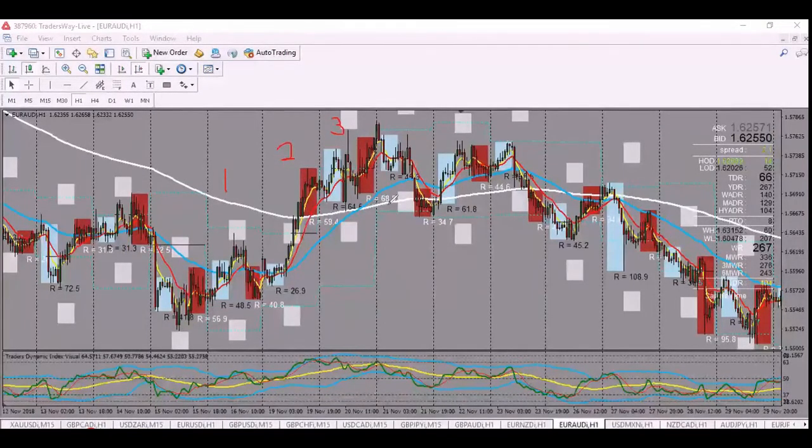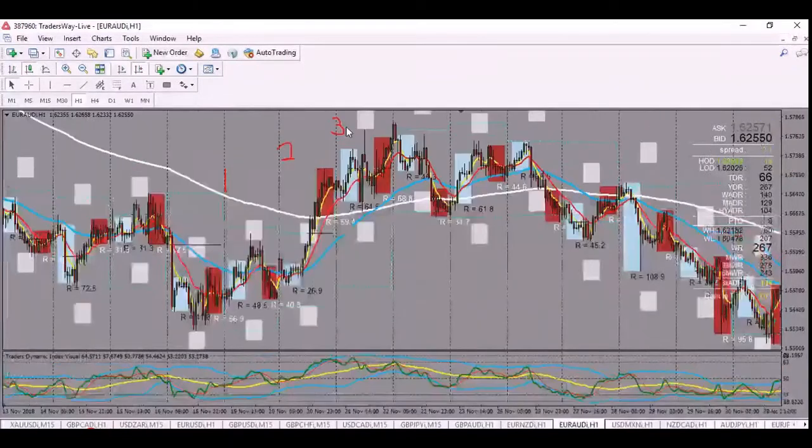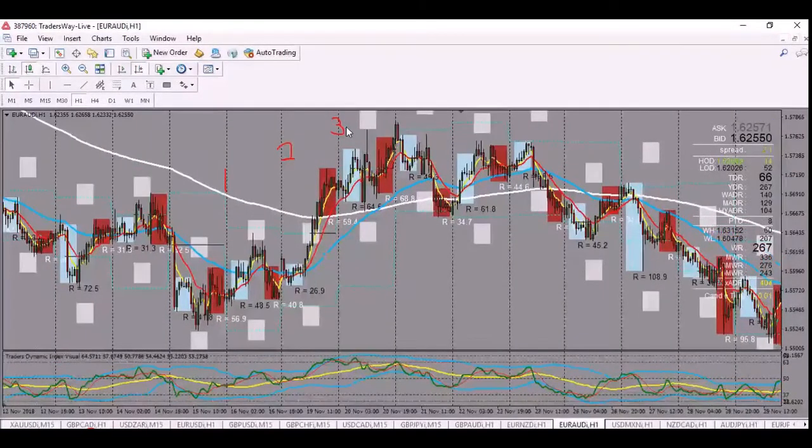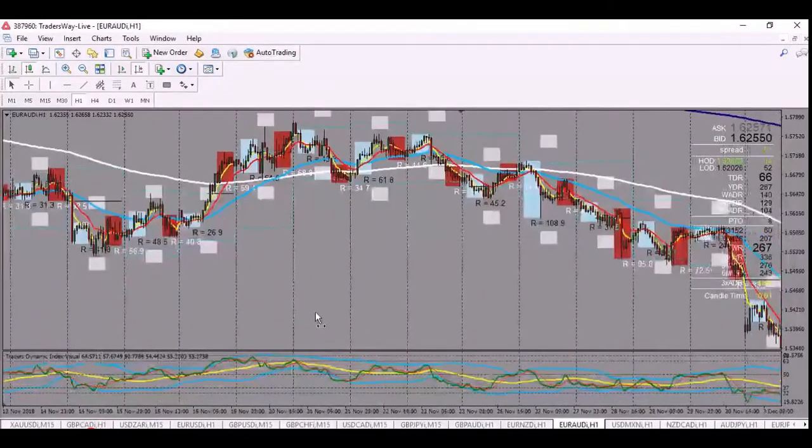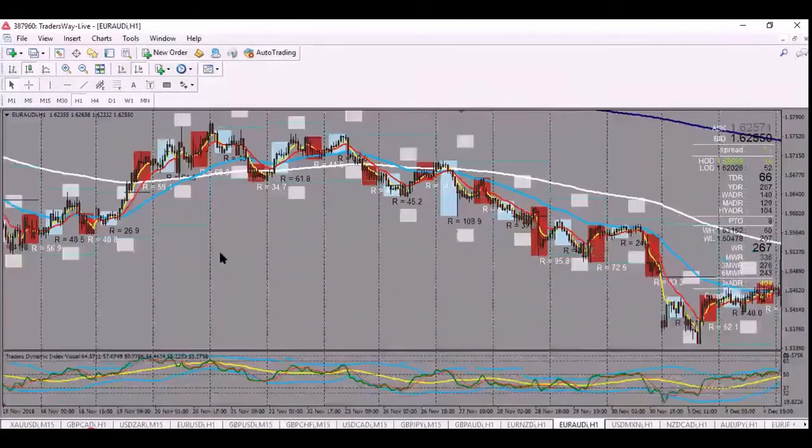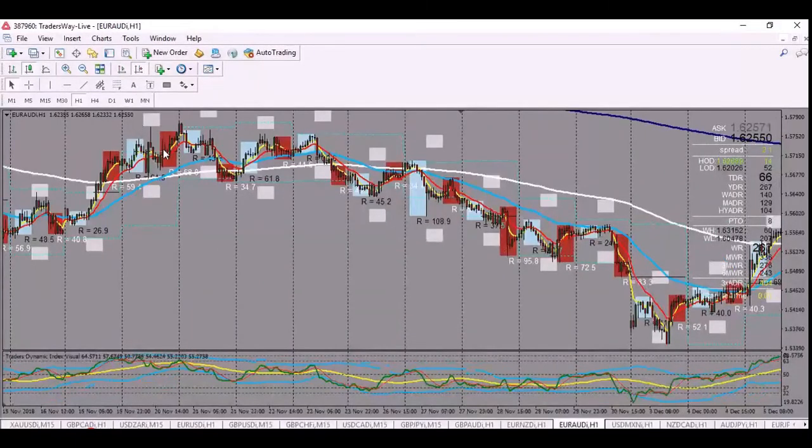One thing that's interesting is we're going to analyze the next few cycles on this pair, and I really want to show you how to look at this. So let's clear all the drawings here and move on. Initially, what we saw with this cycle: number 1, identify that, look at your TDI.